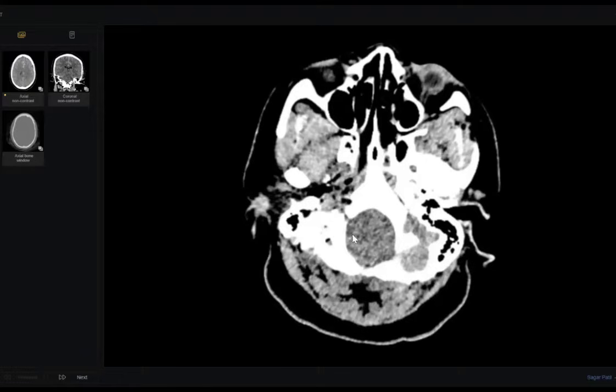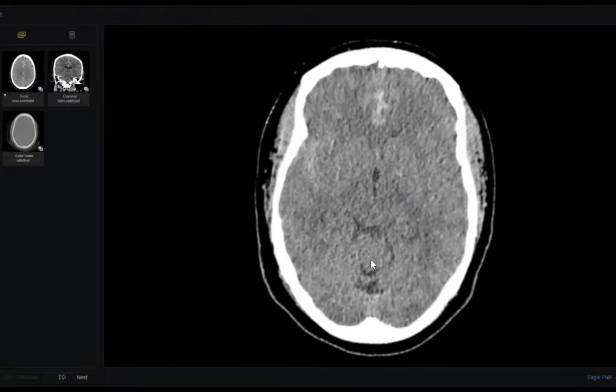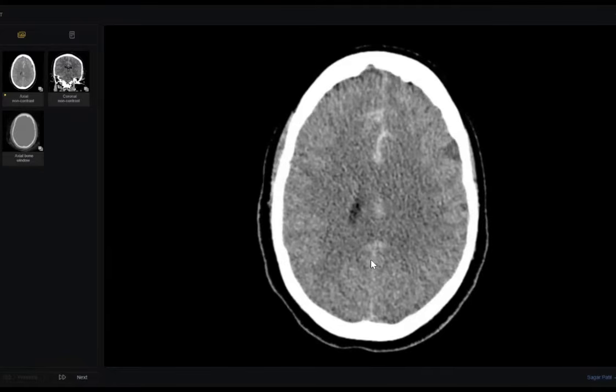You shouldn't see any tissue posterior to it. You shouldn't see this herniated part of tonsil or vermis. So it looks like, from the axial, some transforamen magnum herniation. This indicates increased intracranial pressure. This is very important. And if you look here also, you can detect that the cortical sulci are almost effaced.